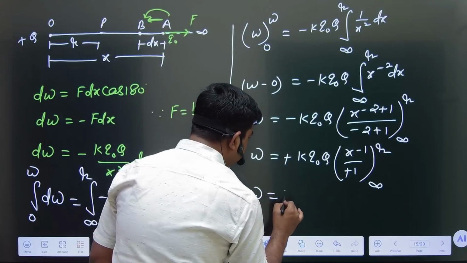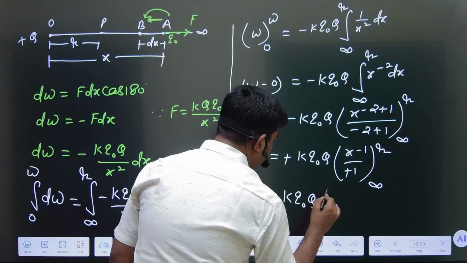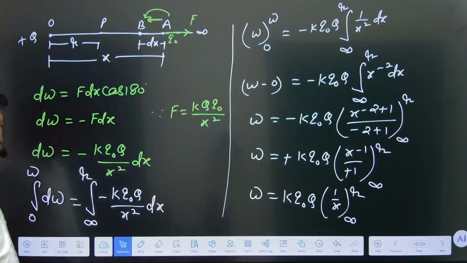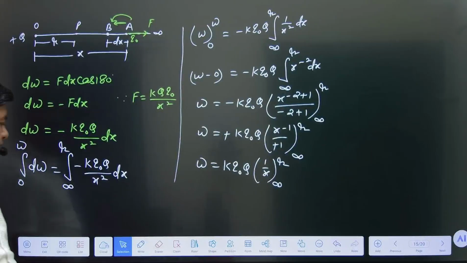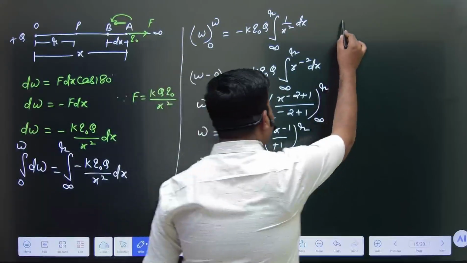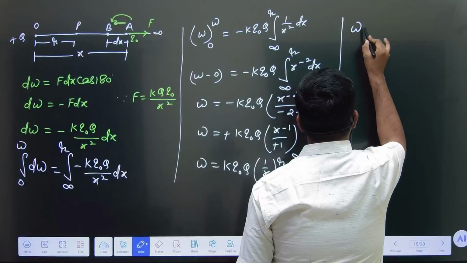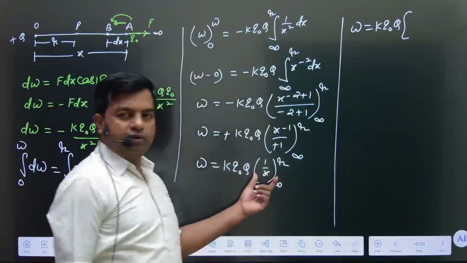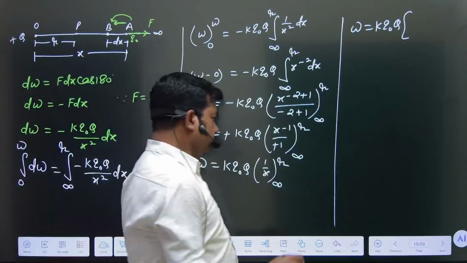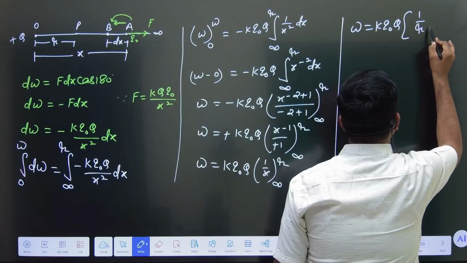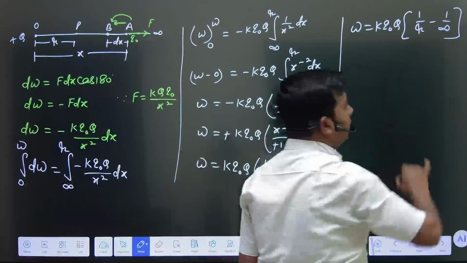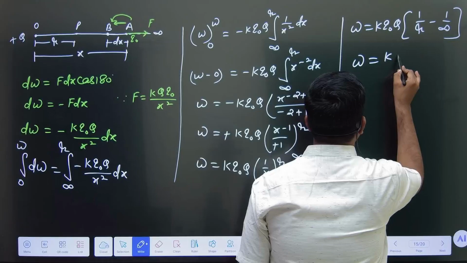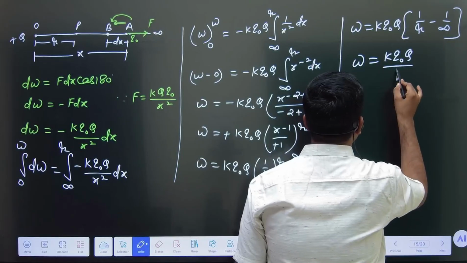So work done is W equal to K Q naught capital Q, this is 1 by x, infinity to R. Clear to you? Now on solving, by putting the limit, W is equal to K Q naught capital Q. Here we put the upper limit, and the upper limit is R. So it is 1 upon R minus 1 upon infinity, and 1 upon infinity is 0. So work done is W equal to K Q naught capital Q by R.